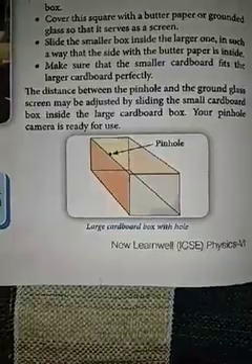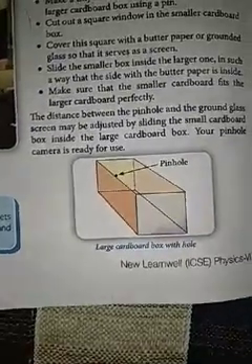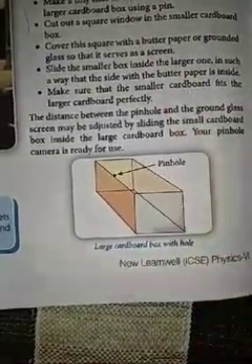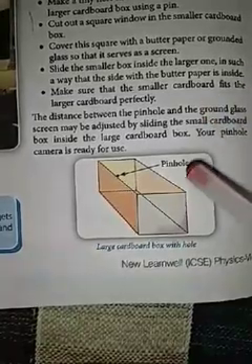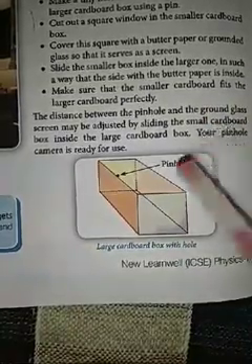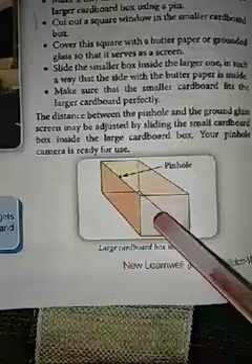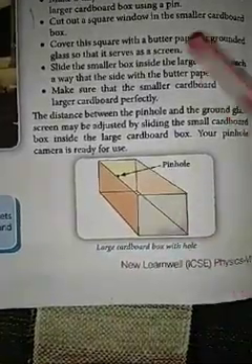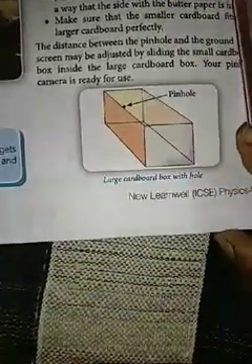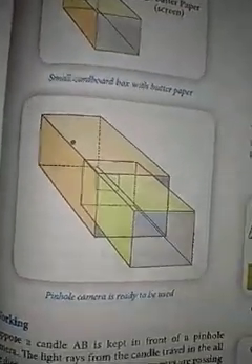Now construction. How do we construct a pinhole camera? We construct a pinhole camera using two cardboard shoe boxes, one small and the other large. Follow these steps. Cut open one side of each box.